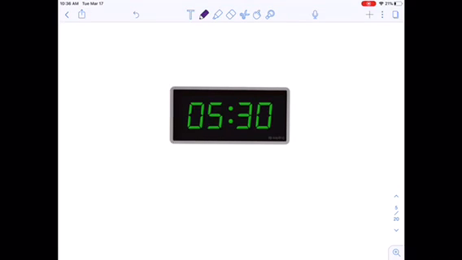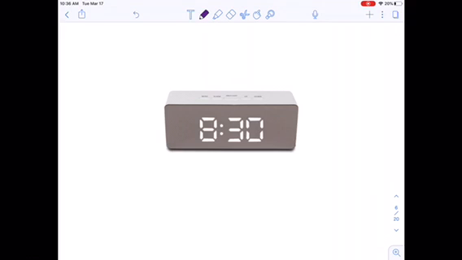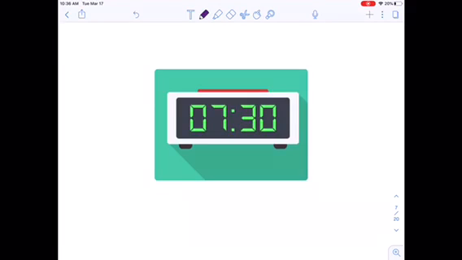I read the numbers just like I see them. You try this one. What time do you think this clock says? Read the number first for the hours, and then read the number for the minutes. Did you say 8:30? Right, this clock says 8:30.